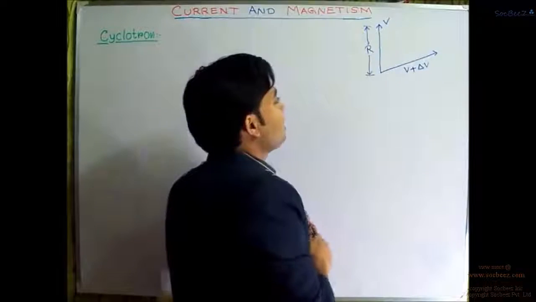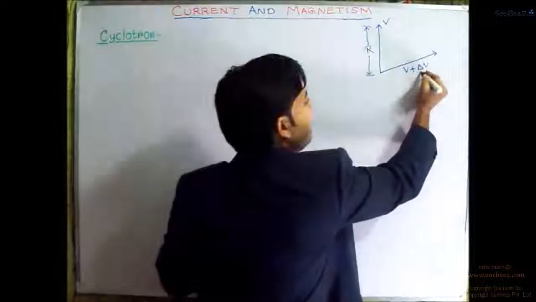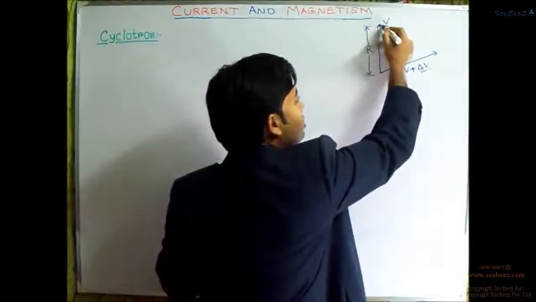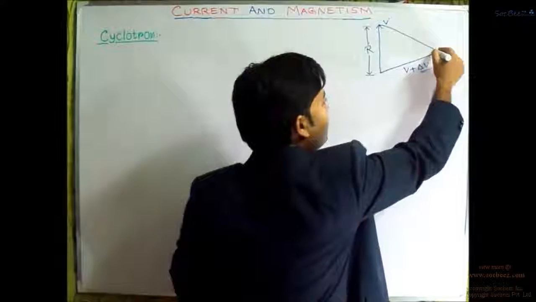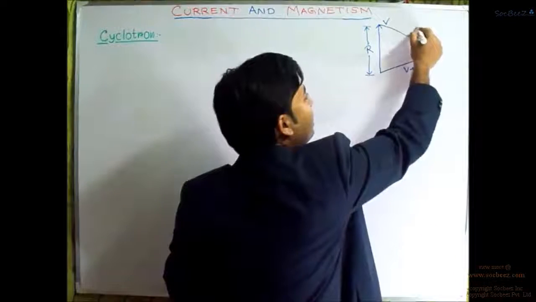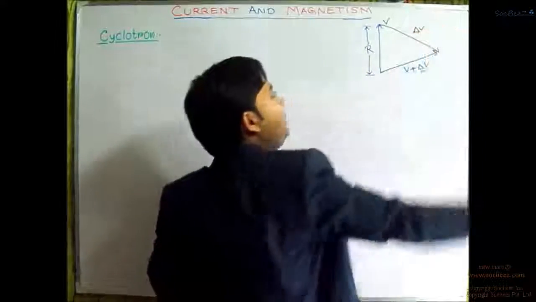So obviously the change, this del V, could be interpreted by this vector as del V.